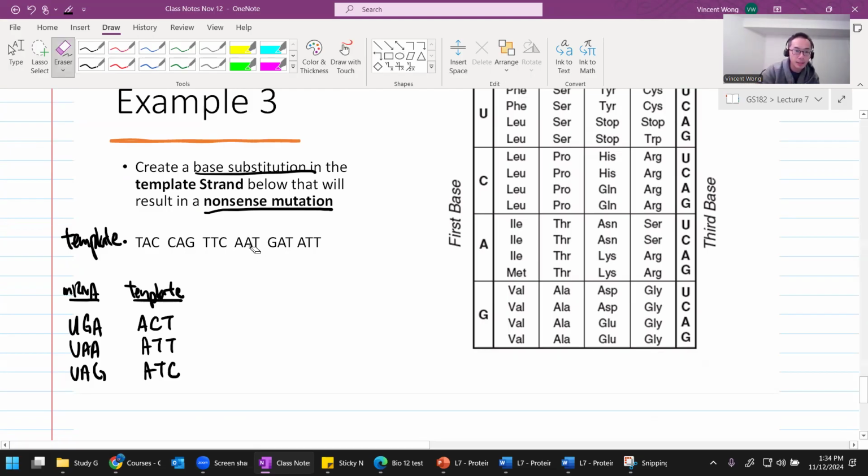So AAT here, you can totally change it to ATT. Right? I don't think there is another spot here. You can change that to A, right? So just one of those, right? You don't have to do both. Because if it stopped here, it's not going to go on, right? So that's example three.